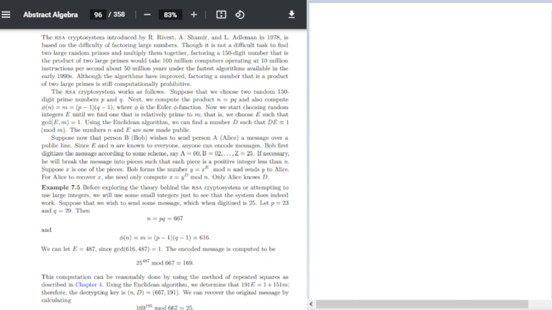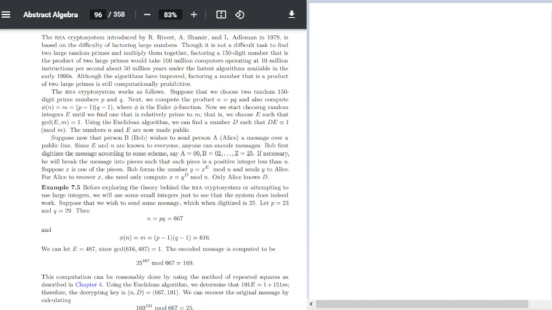If necessary, he will break the message into pieces such that each piece is a positive integer less than n. Suppose x is one of the pieces. Bob forms the number y = x^e mod n and sends y to Alice. For Alice to recover x, she need only compute x = y^d mod n. Only Alice knows d.